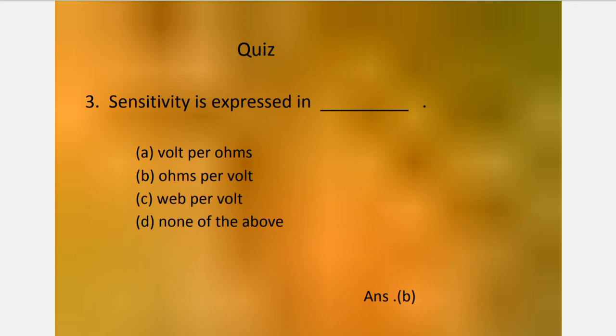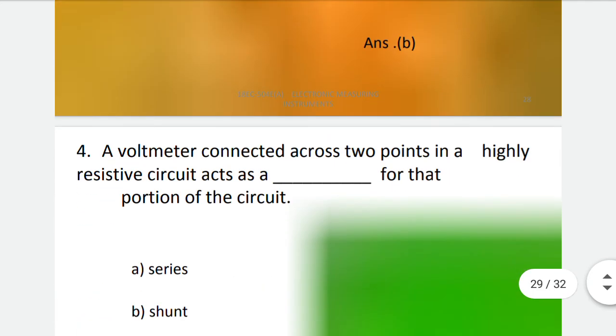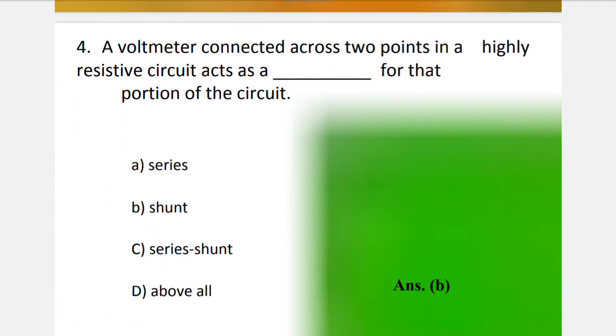The answer is ohms per volt, because it is the resistance offered to the voltage. Next, a voltmeter connected across 2 points in a highly resistive circuit acts as a dash for that portion of the circuit. That means it acts as a shunt for that portion of the circuit. The correct answer is shunt.